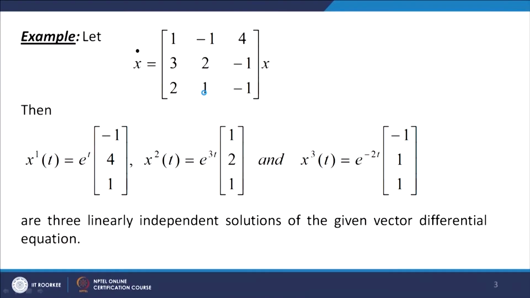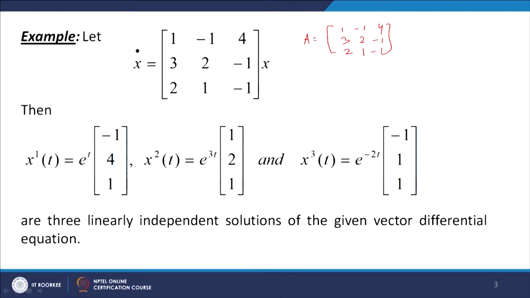Now, let us consider a vector differential equation x dot equal to Ax. A is this 3 by 3 matrix: 1, -1, 4; 3, 2, -1; 2, 1, -1. In order to find the fundamental matrix of this vector differential equation, we first find 3 linearly independent solutions.